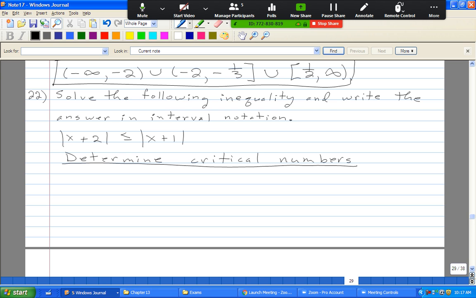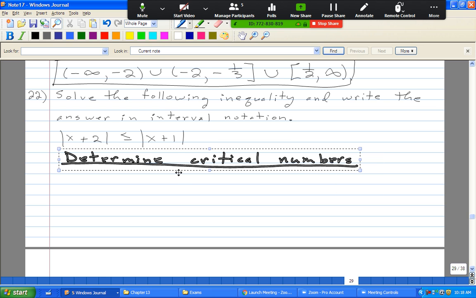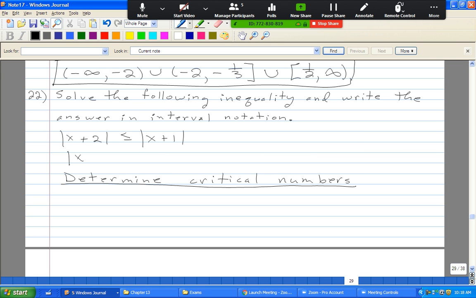To determine my critical numbers, I'll set each of those equal to 0. Actually, I'll do it this way. Let me subtract the absolute value first. That might be easier to explain. So let's subtract absolute x plus 1 from both sides. Less than or equal to 0.